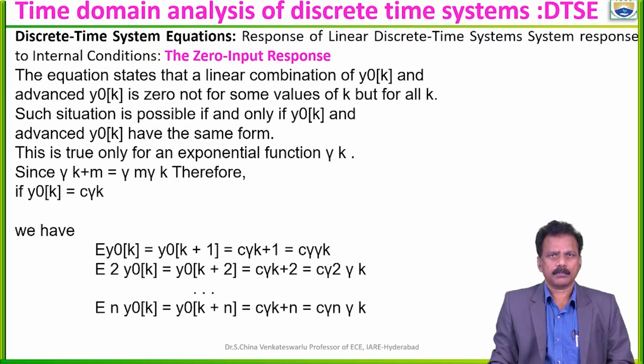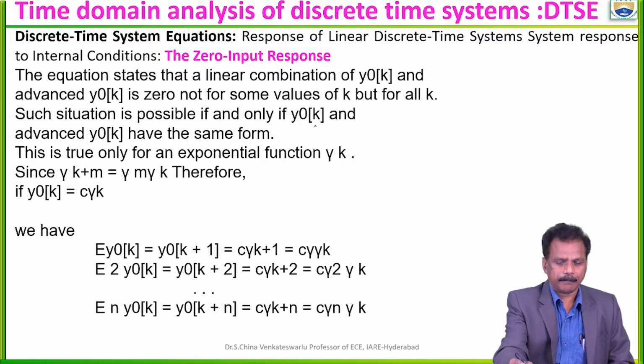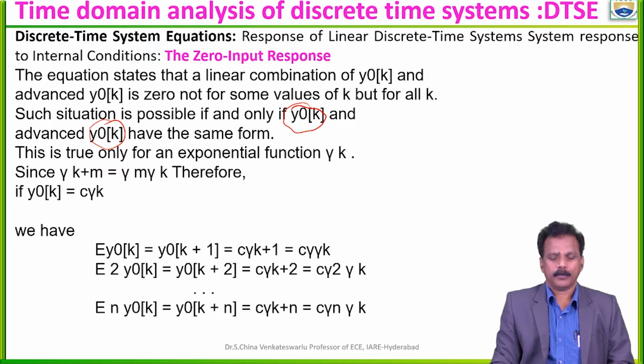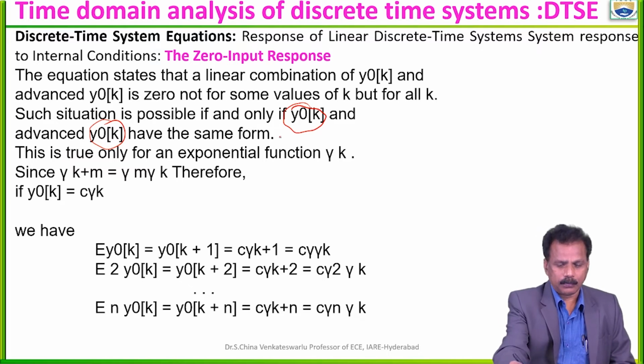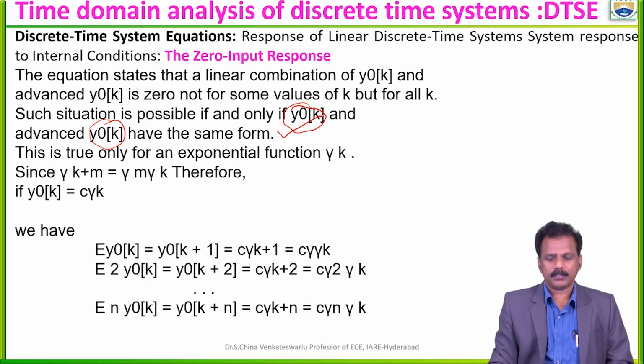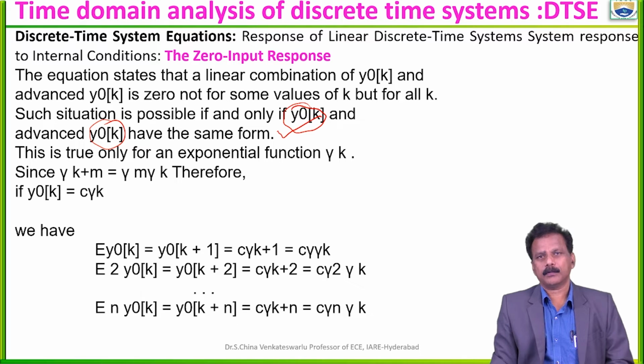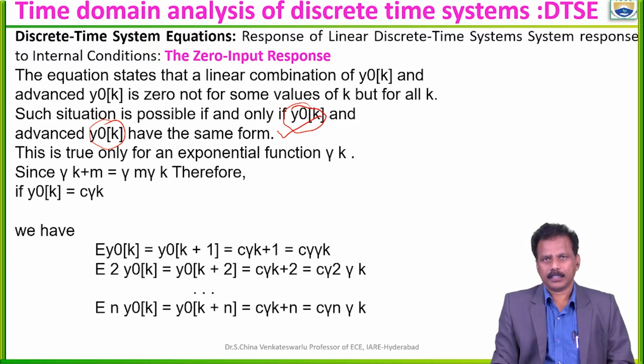Such a situation is possible if and only if y0 of k and advanced y0 of k have the same form. This is true only for the exponential function gamma^k, since gamma^(k+m) is equal to gamma^m times gamma^k.